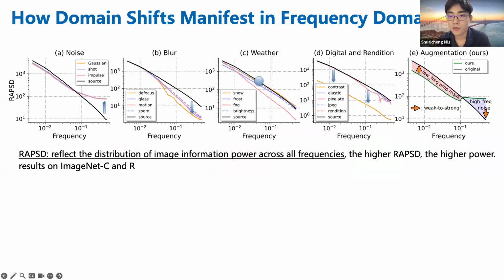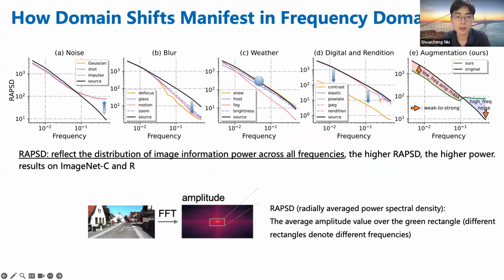Based on the idea of Fourier augmentation, we first conduct some analysis on how common domain shifts manifest in the frequency domain. Before starting this, I first introduce the RAPSD metric. The full name is radially averaged power spectral density. It measures the information power of a given image across different frequencies.